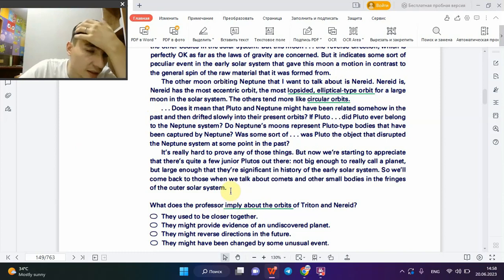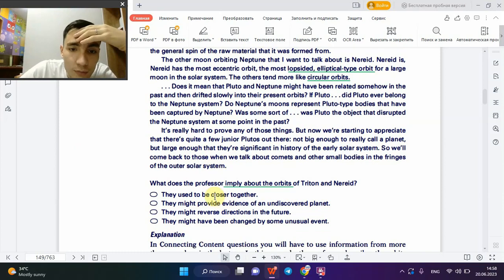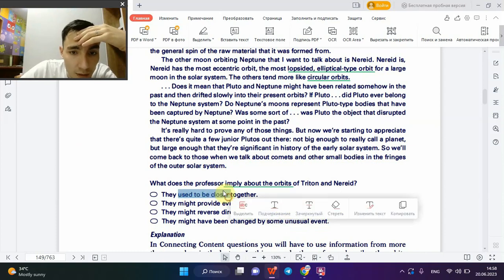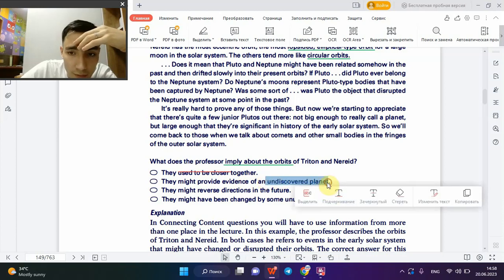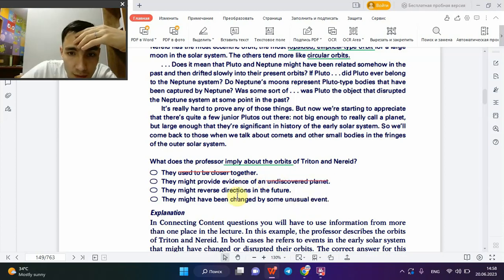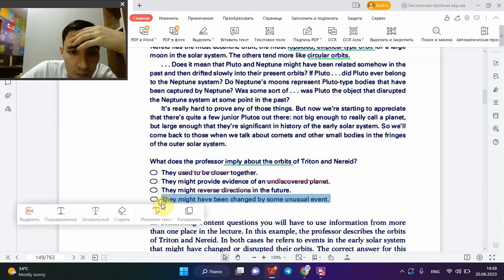Ular boshqalardan farqlanadi demoqchi. They used to be closer together. Oldin birga yaqinligi haqida umuman ma'lumot yo'q. Evidence of undiscovered planet haqida ma'lumot yo'q. They had reverse directions in the future. Reverse directions haqida ma'lumot yo'q. They may have been changed by some unusual event haqida ma'lumot bor.